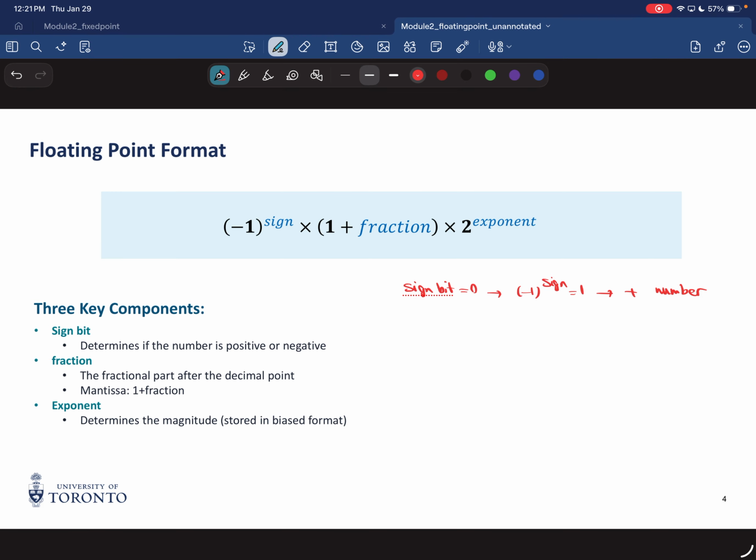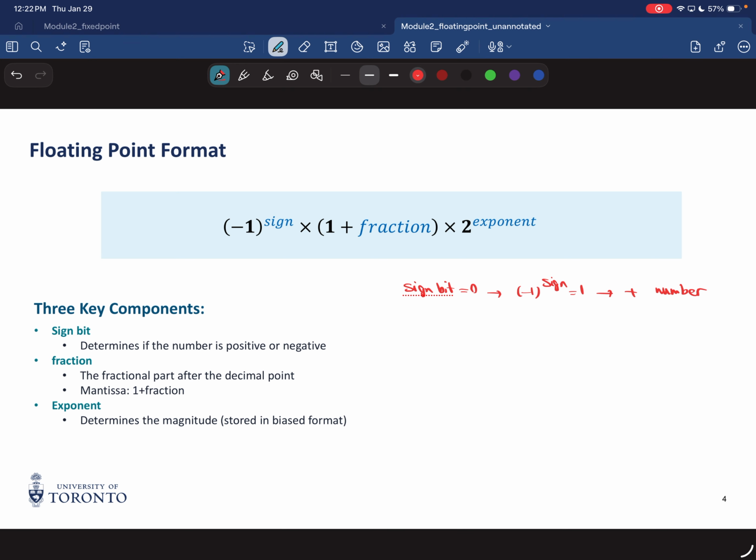Then we have 1 plus fraction, multiplied by 2 to the power of the exponent. The fraction is a number between 0 and 1. We always show the number in terms of 1 point something, multiplied by 2 to the power of something. That's the standard way to keep it.